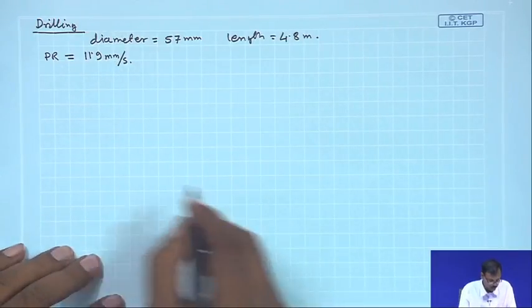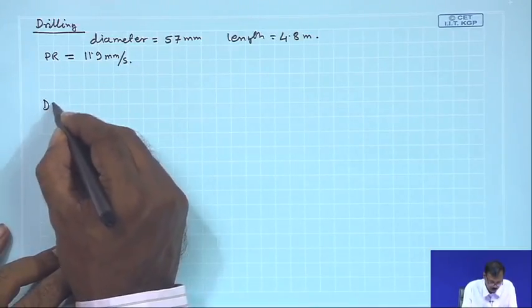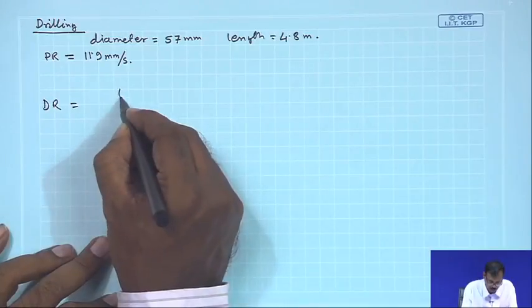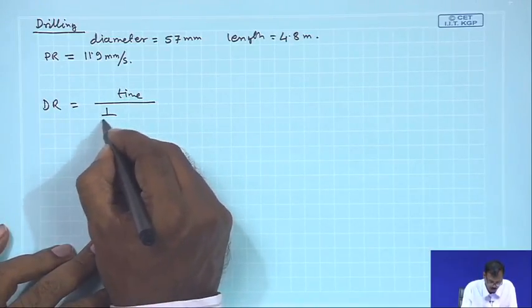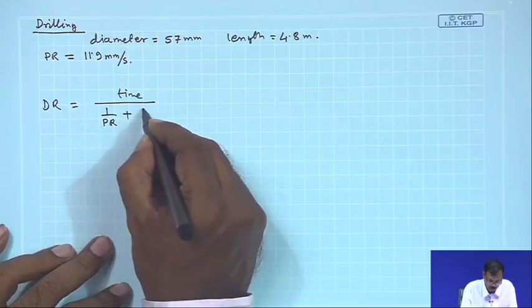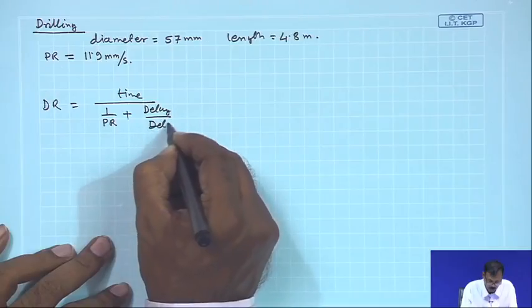So, we need to calculate the drilling rate. For calculating the drilling rate, we know it is the time, that is, 1 by penetration rate plus delay interval.